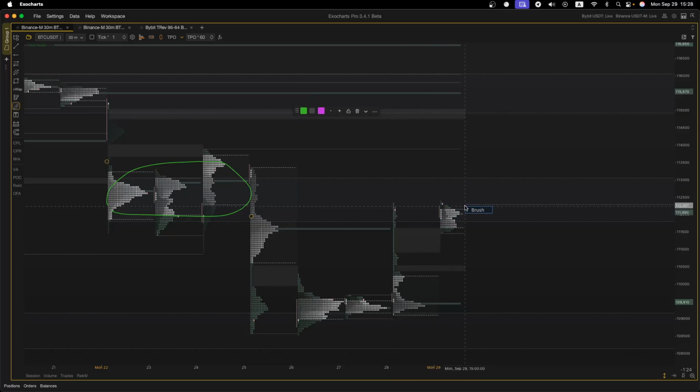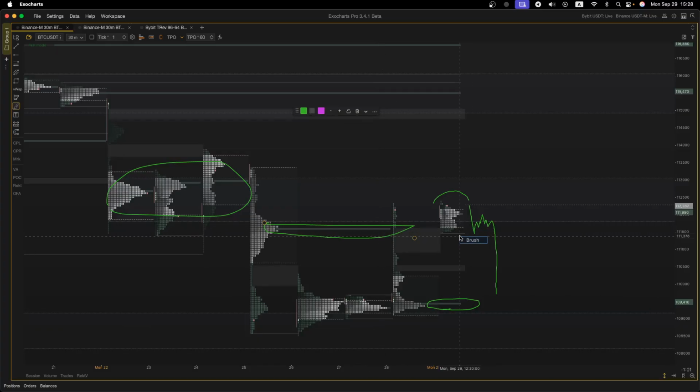So any sort of acceptance back below 111.8 will be a trigger for lower towards this NPOC. We actually filled this NPOC right at 111.6.